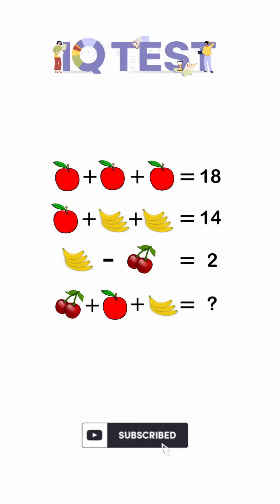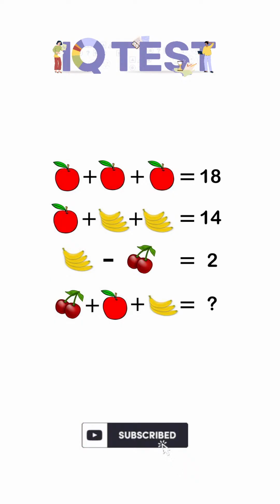Okay, so it means from here the cherry is 2. Because the banana bundle is 4 over here minus 2. So the cherry here is 2.